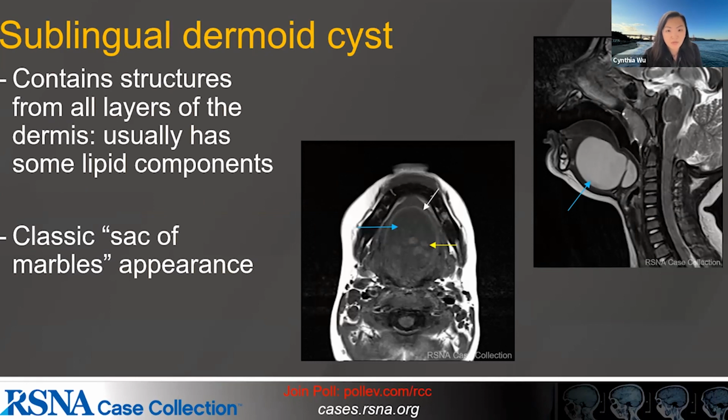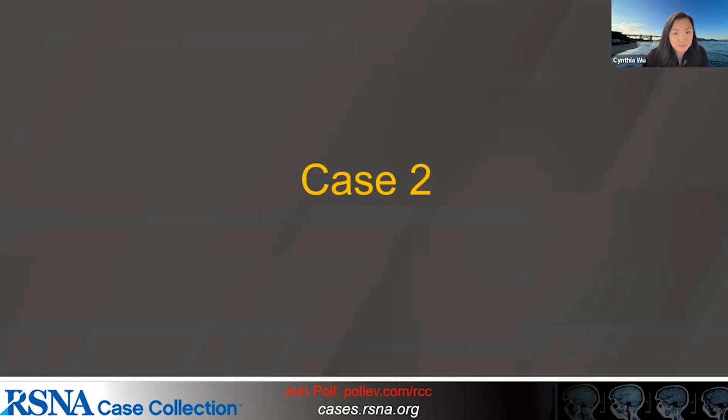This is sebum coming from those sweat glands that are in the dermis. In the floor of mouth, what we generally see is this classic sack of marbles appearance that you can see highlighted here with these yellow arrows. Traditionally, this was actually described by ultrasound. It's all those pieces of lipid intermixed with liquids creating that heterogeneous appearance. All right, great. Let's go on to the next case.